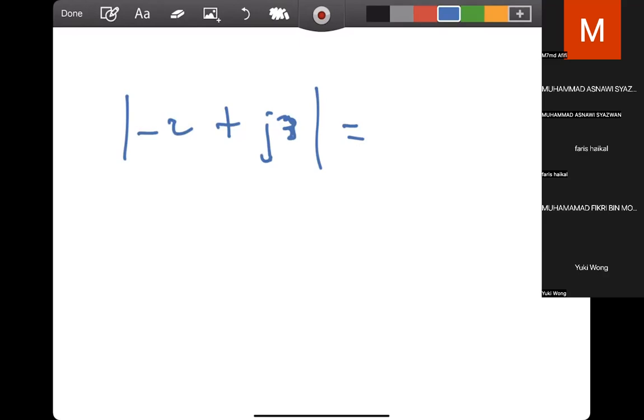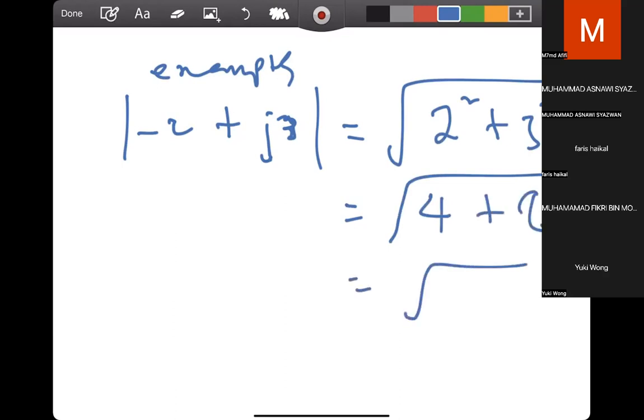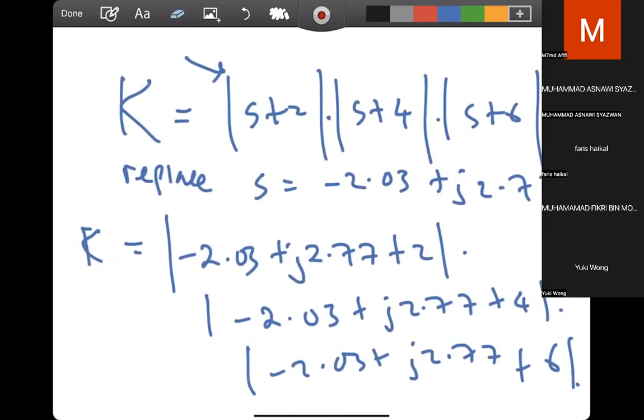Contoh. Itu je lah aku tahu. Astaghfirullahalazim. Istighfar banyak-banyak. 9 tambah 4 berapa? 13. So this is how you calculate after you simplify this one.